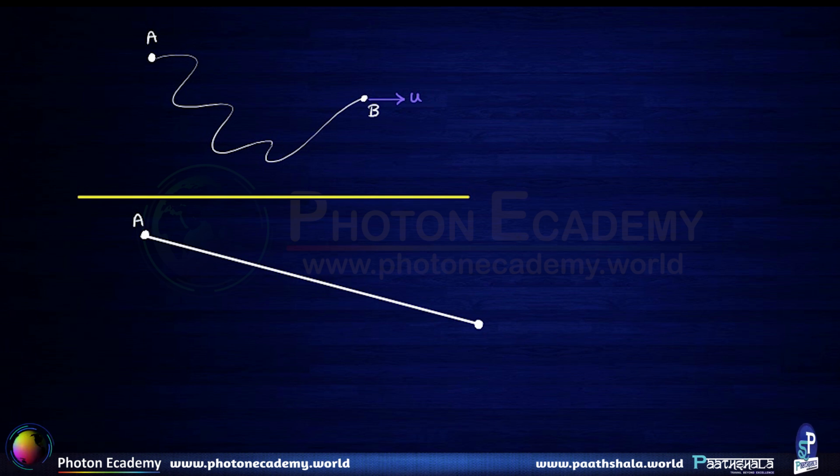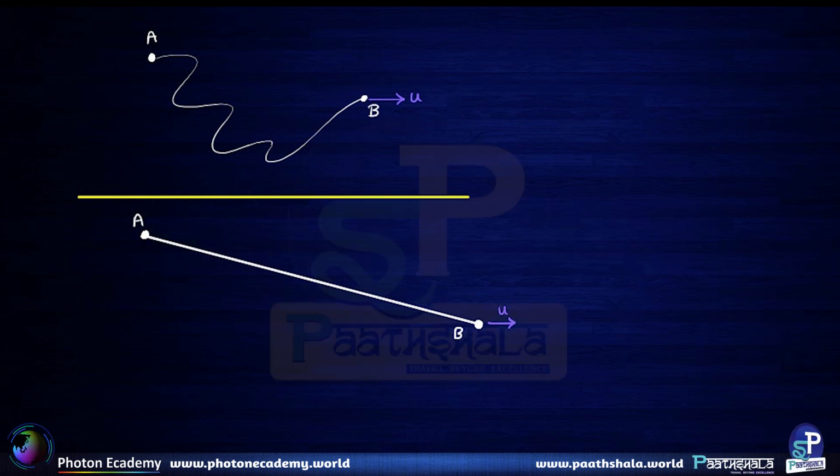So just before the string got taut, particle B had a velocity u towards the right hand side, and just after the string gets taut, particle B has two components of velocity. One happens to be along the taut string and one happens to be perpendicular to the taut string.